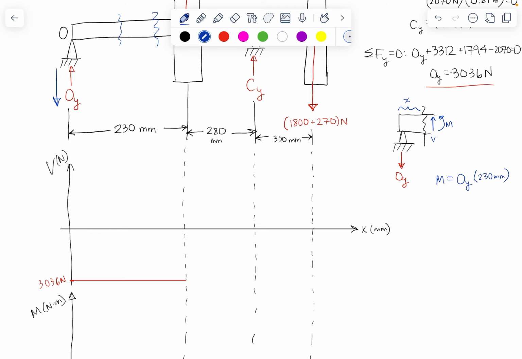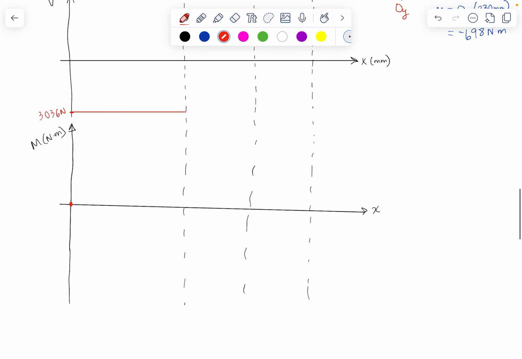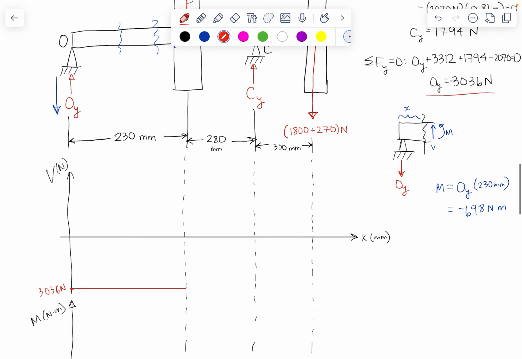So our maximum moment is going to be equal to negative 3,036 times 0.23 to get it in newton meters, so negative 698 newton meters. So I'm going to draw that point down here and a straight line between the two. This is negative 698. Okay, so we've done our first section of the beam.